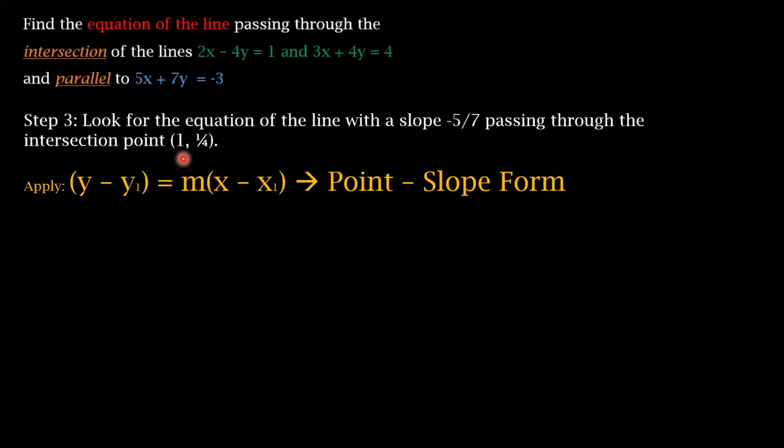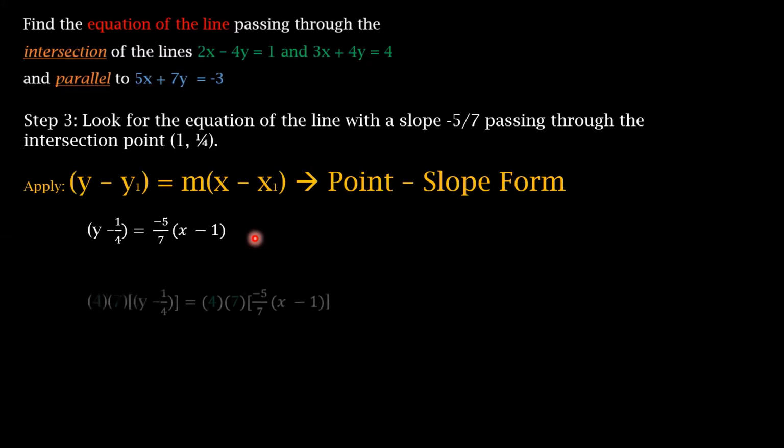To plug in those values, we know that the y sub 1 is 1/4 and the x sub 1 is 1 and the slope is -5/7. In this case, we are having an equation with fractions. To avoid complication, we would try to eliminate these fractions by multiplying whatever denominators we have.